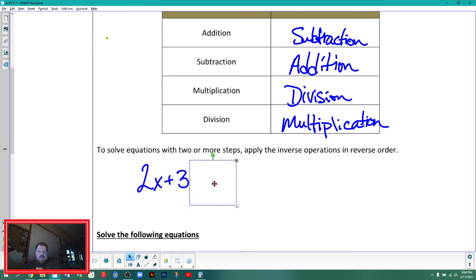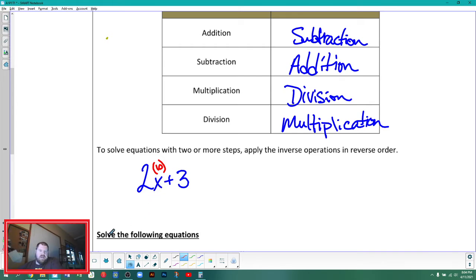I'm not really going to worry about it. What I'm going to do is look at this other side and say, all right, let's say I knew what x was. Let's say x is 10. I don't know that x is 10, but let's just pretend for a second that instead of x, we have 10 here. All right, now knowing what x is, I get an order of operations.